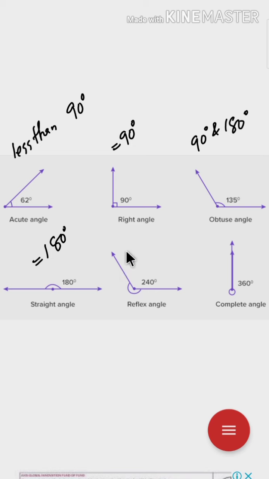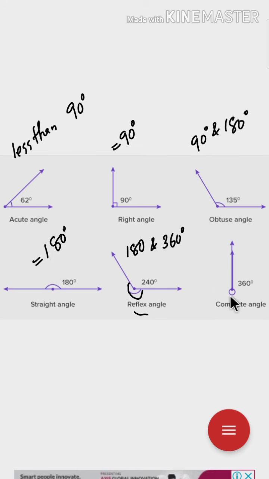Now if the angle is greater than 180 degrees and less than 360 degrees, it's called reflex angle. So here 240, the angle 240 is in between 180 and 360, so it's a reflex angle.